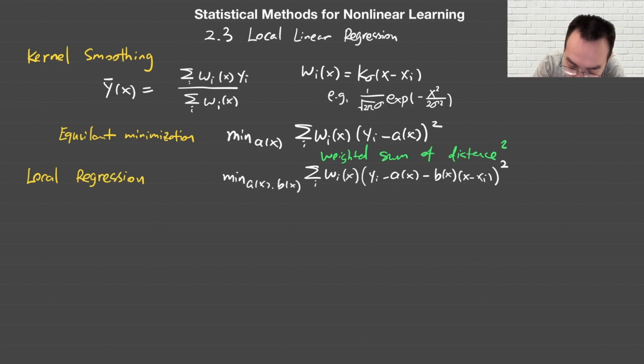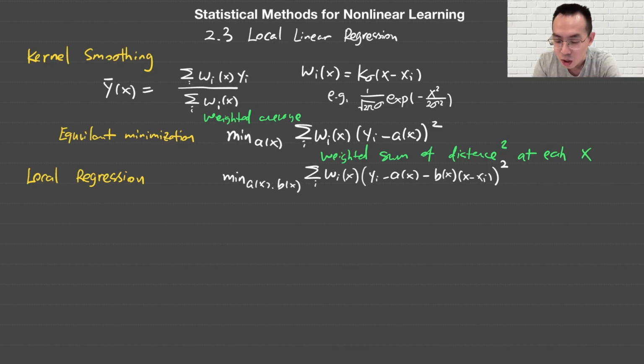So the solution to that is a weighted average. I should emphasize this is at each point x, right? That means at each x, we want to find a constant that is closest to each data point based on the weight. The constant will be the fitted value for the kernel smoothing problem.